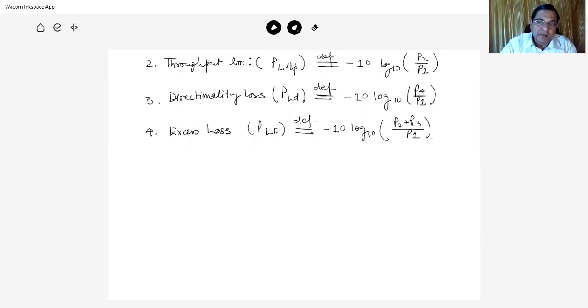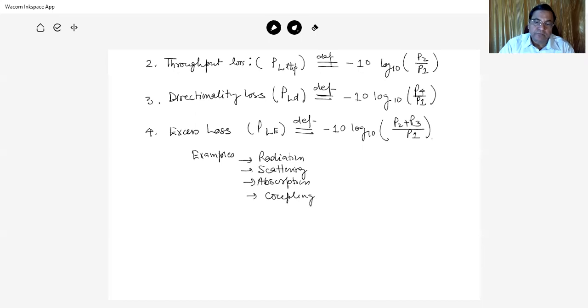Examples of this excess loss are loss due to radiation, loss due to scattering, loss due to absorption, and coupling to the isolated port.